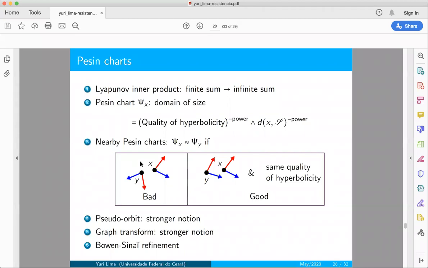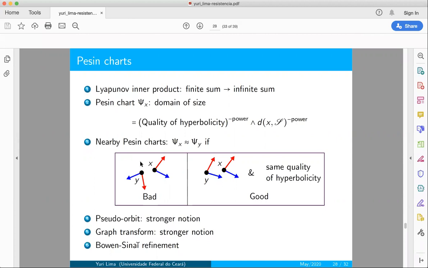So this needs to be fixed, and this was fixed by Omri Sarig, which I should actually mention that most of this method is based on. And the way that he said that we should consider Pesin charts to be close was saying that you require not only that the points, the centers of the charts, are close, but you also require that the splittings that you see in the two points are almost the same.